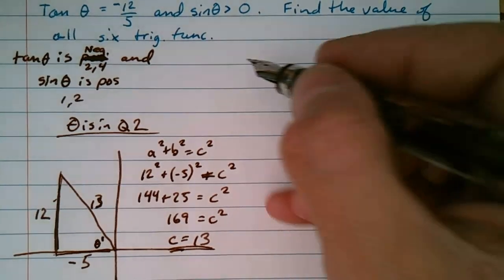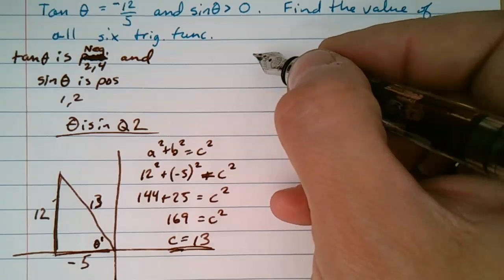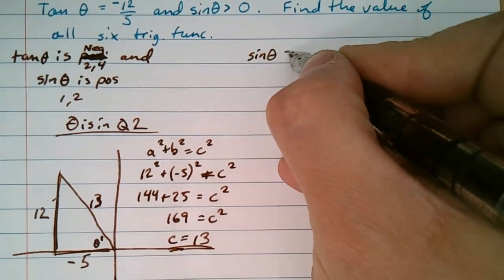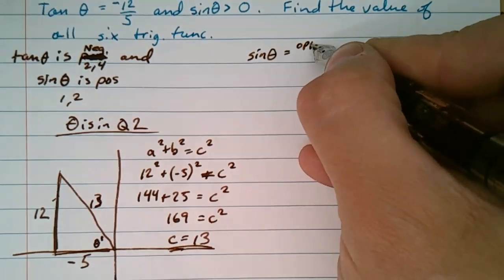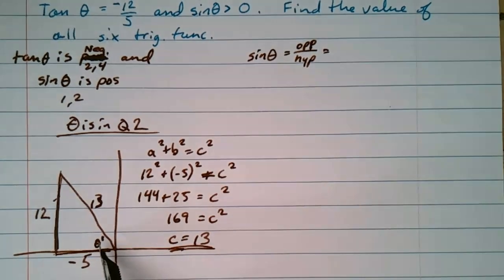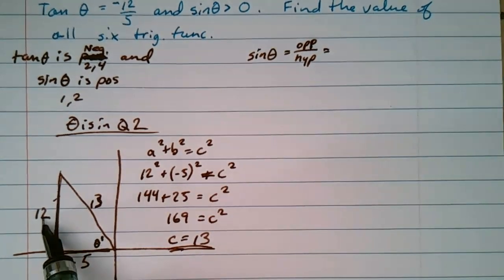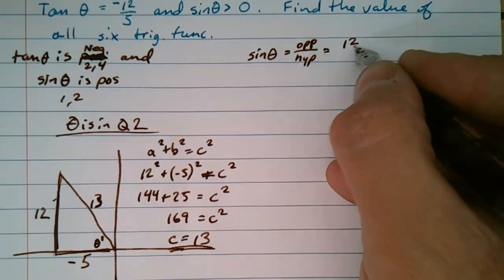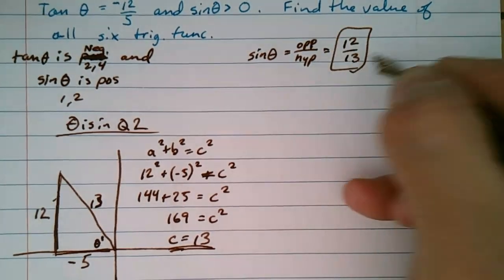Now I need to find sine of theta, cosine of theta, tangent of theta, all 6 trig functions. Okay, cool. So sine of theta is opposite over hypotenuse, which in my case, here's theta prime. Opposite is 12, hypotenuse is 13. 12 over 13. Done.